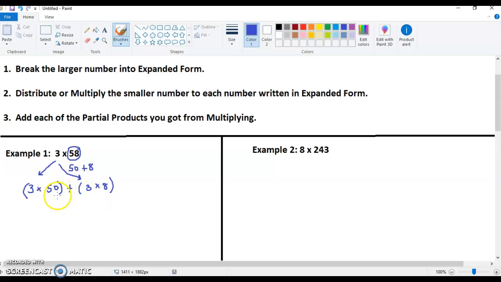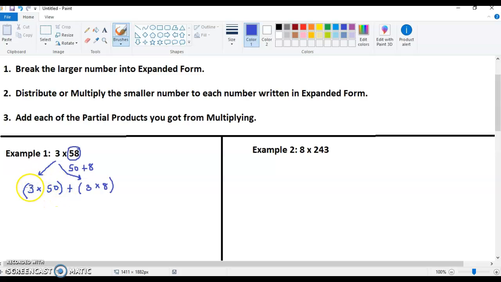And so remember, the reason that we do this is because it gives us some multiplication facts that we are hopefully familiar with. And if you're not, you can use repeated addition, or you can use a multiplication chart or a multiplication table if you're not so comfortable.